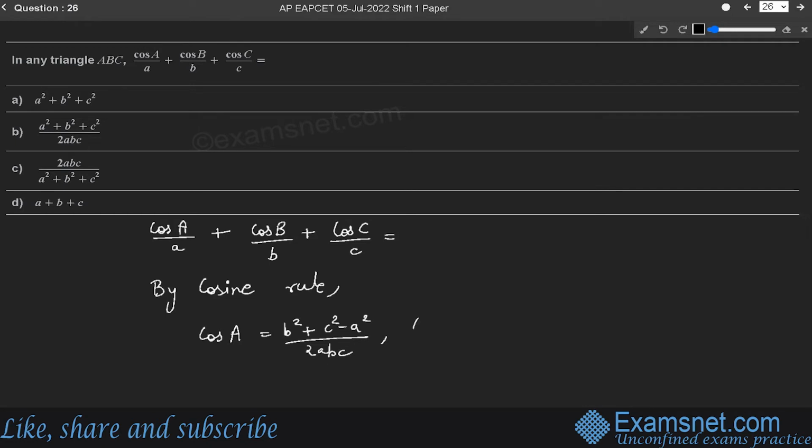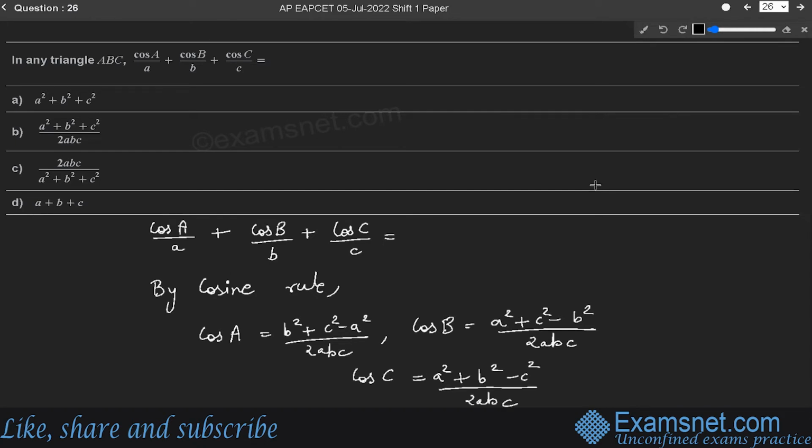Also, by using the cosine rule, we know that cos B is equal to (a² + c² − b²) divided by 2abc.